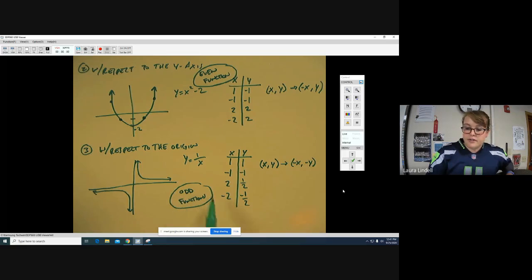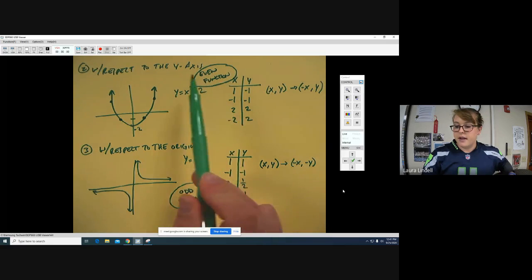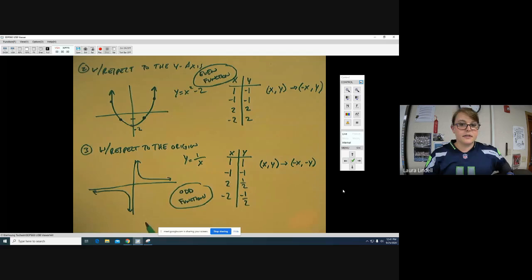So odd functions are defined as having symmetry with respect to the origin. Even functions are defined as having symmetry with respect to the y-axis. And that is everything that is new today.